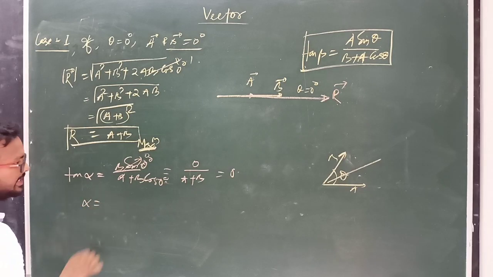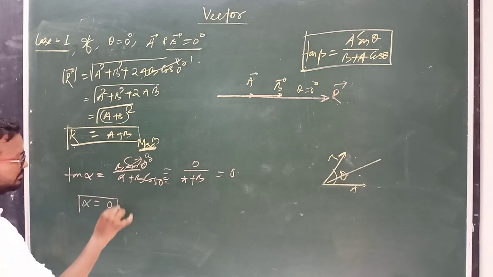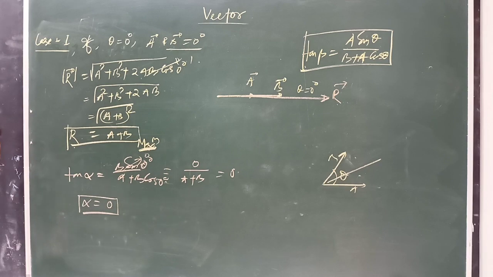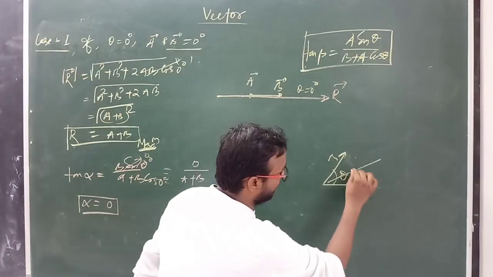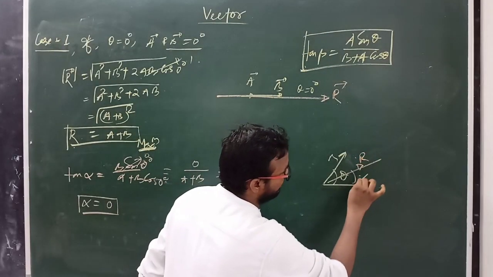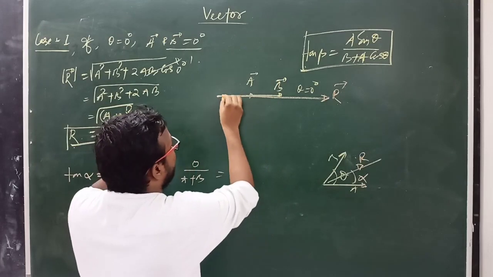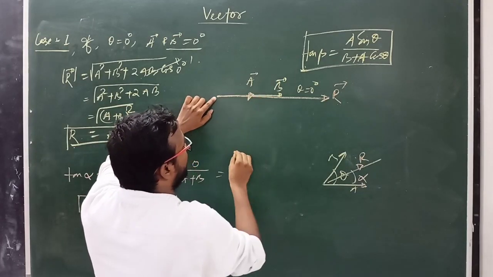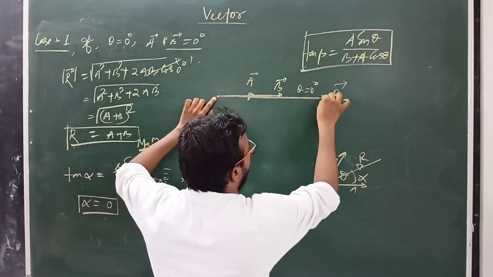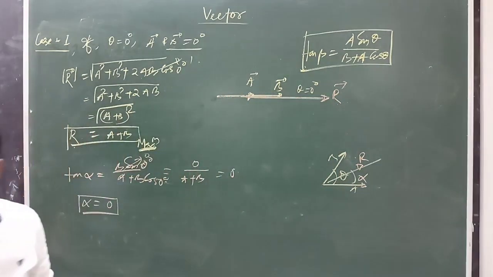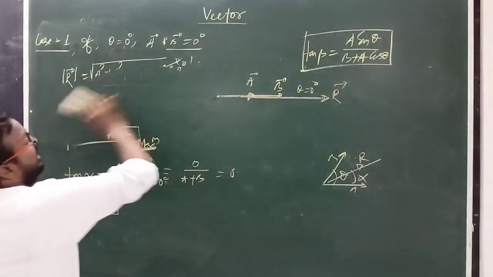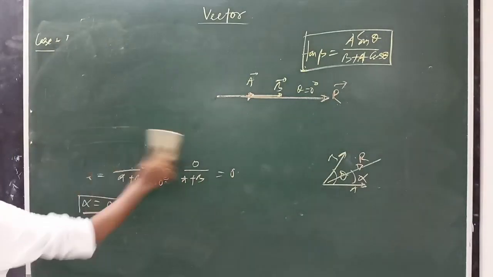So alpha is here 0 degree. What is alpha? Alpha is angle between A vector and resultant vector. So in this case this is the direction of A vector and resultant also in the same direction. So angle between A vector and R is 0 degree here. Clear? Okay, now case number 2.